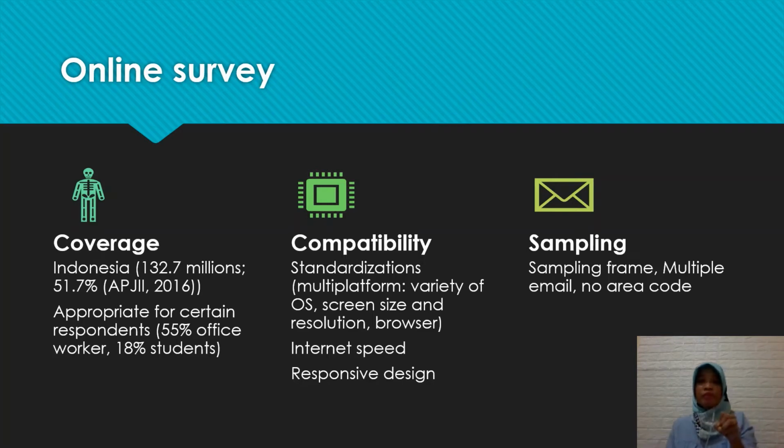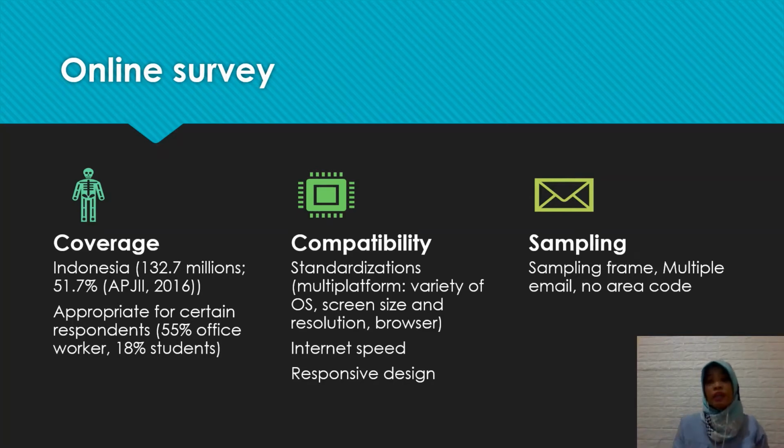So we might think that we already have enough participants, like we already have 100, but actually each one of them we send one survey, and each one has more than two emails, then we actually don't have that 100 participants. That's for example.